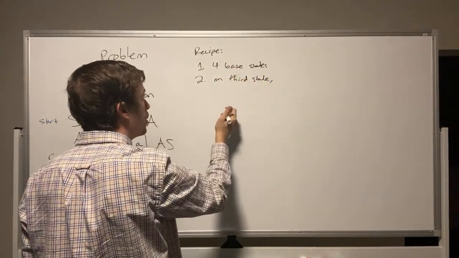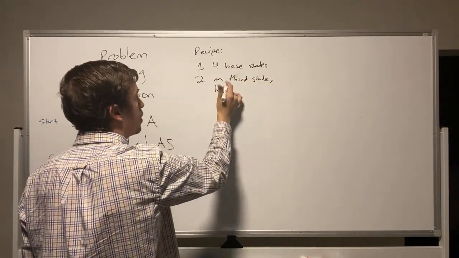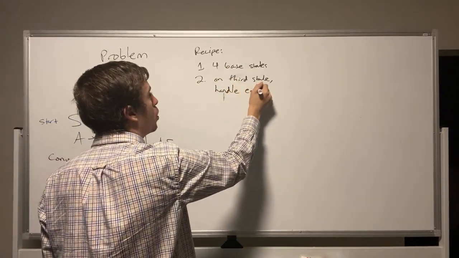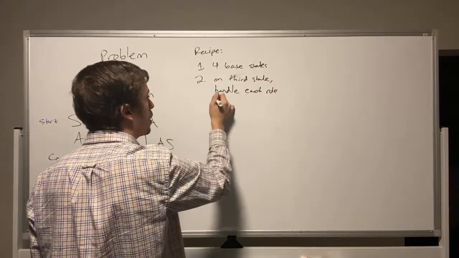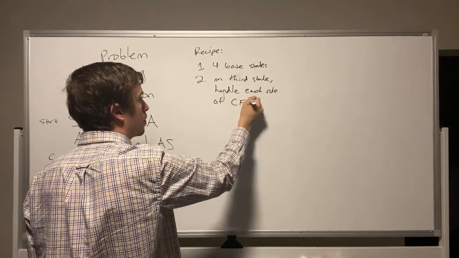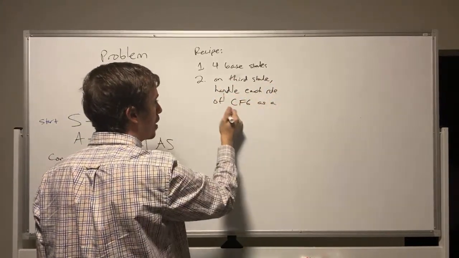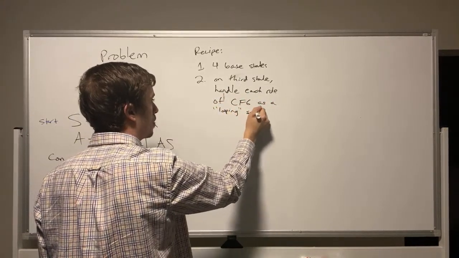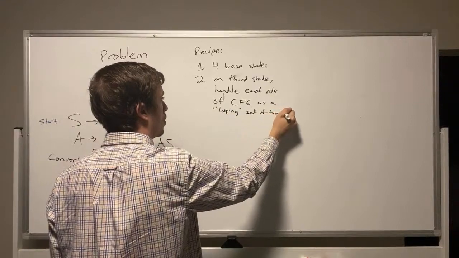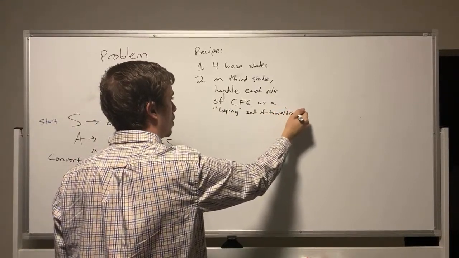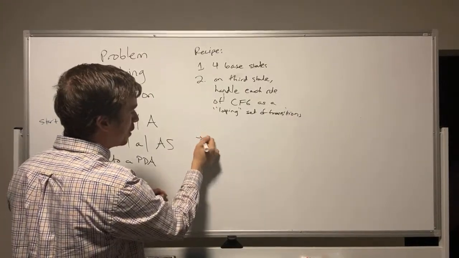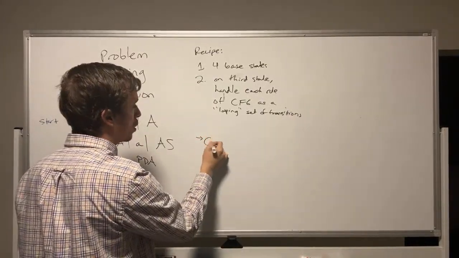what we're going to do is handle each rule of the grammar as a looping set of transitions. And so here's the general structure. This is what the shape of the PDA looks like.